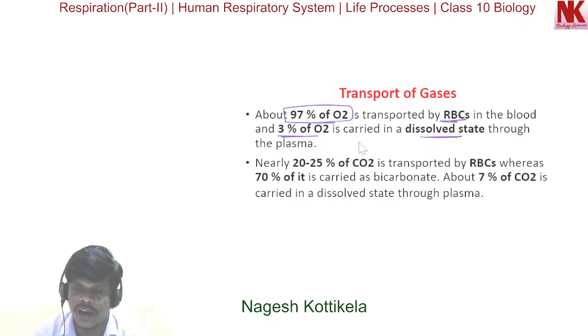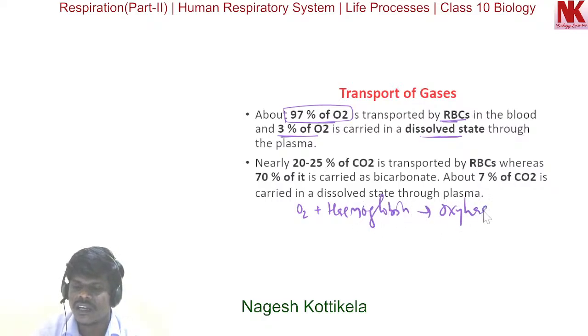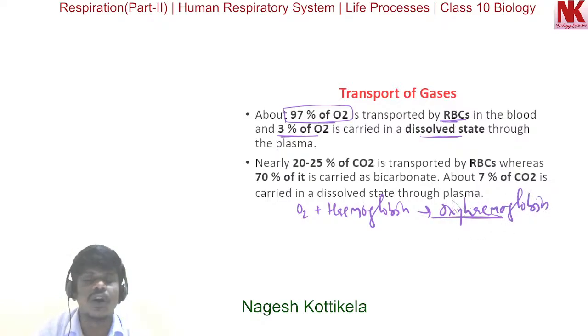Okay, so here oxygen combines with hemoglobin to form oxyhemoglobin. This is how the oxygen is carried to different cells in the body.